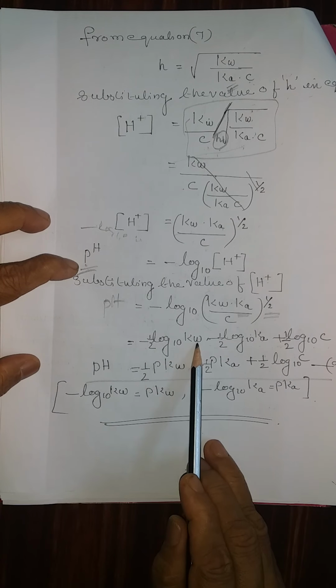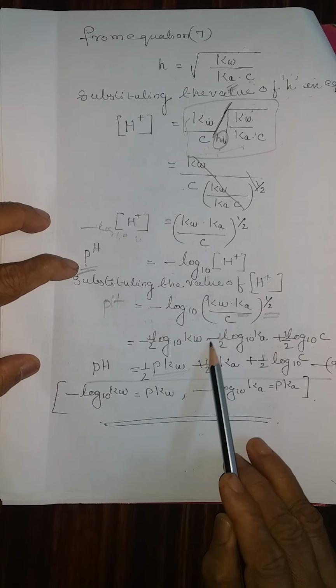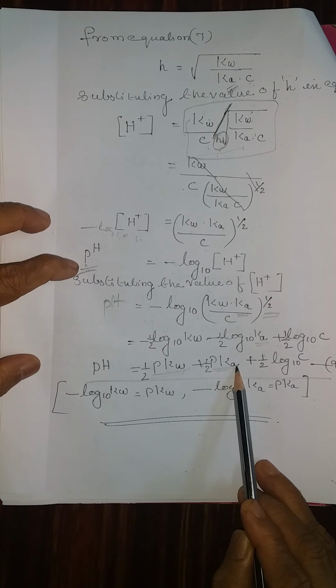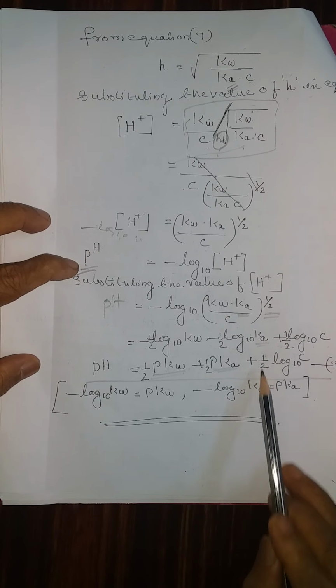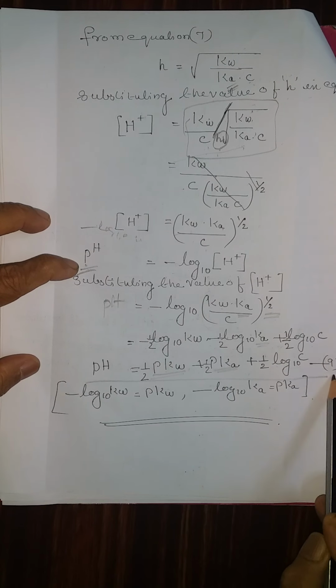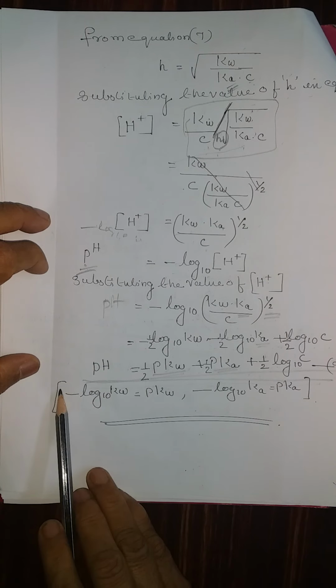Minus log to the base 10 Kw is known as pKw, and minus log to the base 10 Ka is equal to pKa, plus half log to the base 10 C. Ninth equation. This is the equation that we need for the second case.